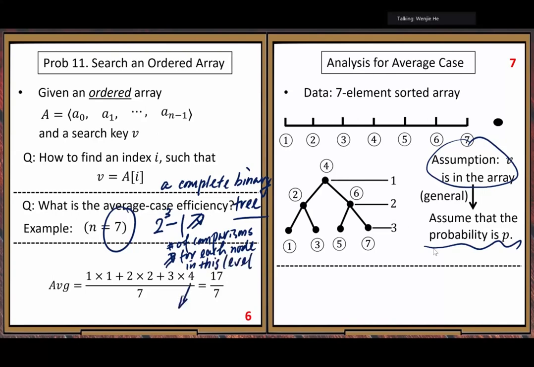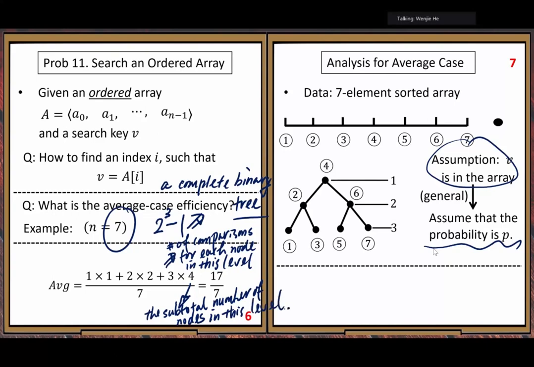That one, let me call the subtotal number of nodes in this level.